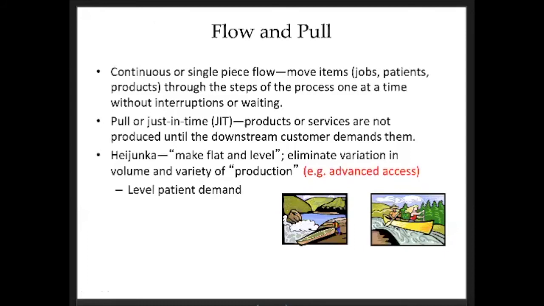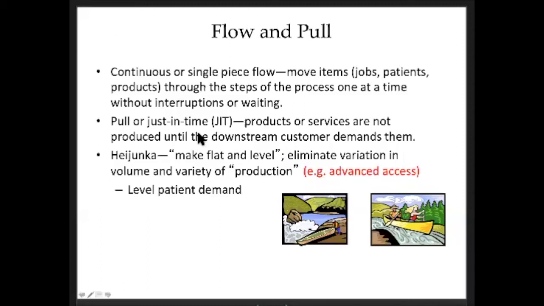Then you have the flow and pull concept. We looked at this also in the house of Toyota. You try to create a continuous flow as much as possible. The whole idea of lean systems is, as much as possible, it should not go through big batches. You should have a continuous flow with one patient moving from one station to the other station in a sort of a flow as much of a continuous basis as possible.